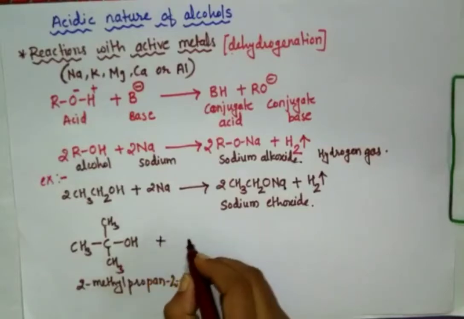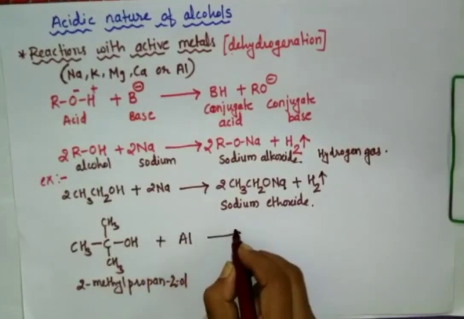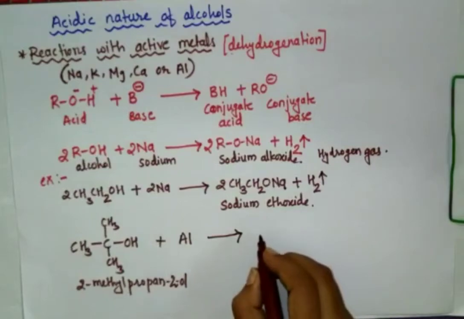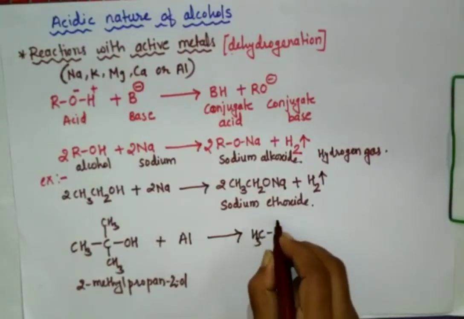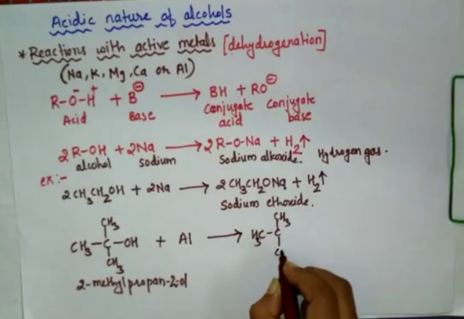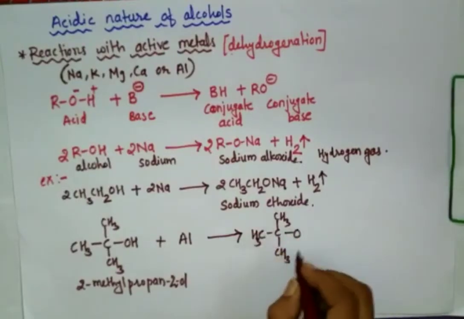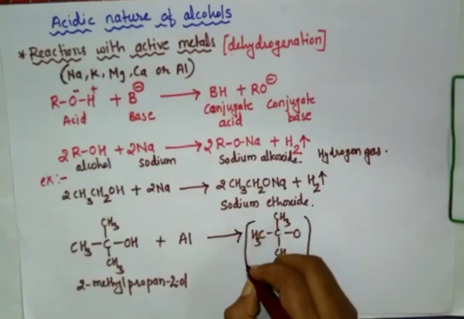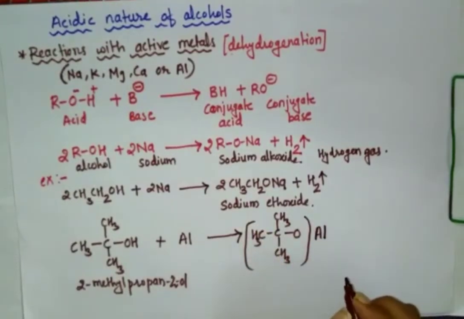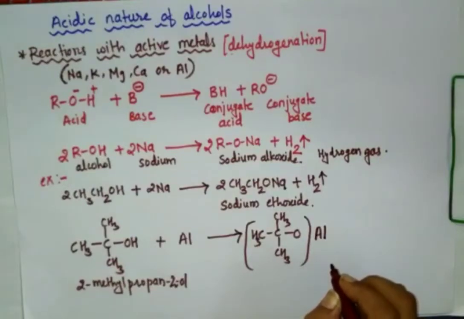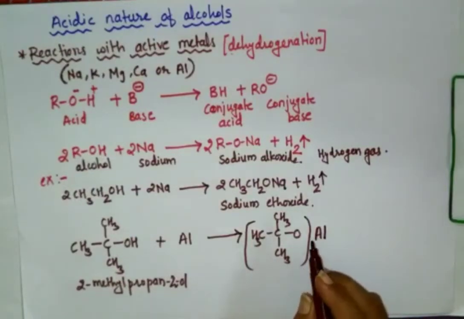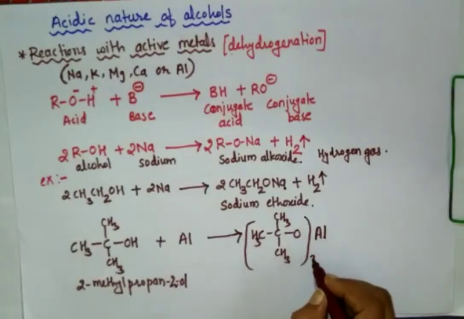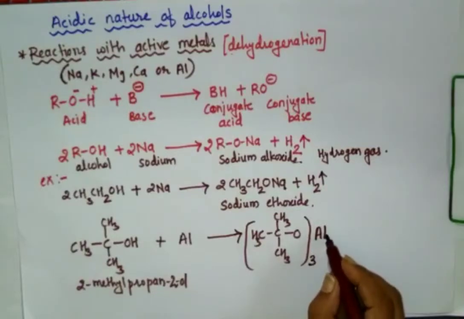And when it reacts with aluminium metal, it will also liberate hydrogen. So there is formation of the alkoxide, and this alkoxide forms with aluminium a compound called aluminium tertiary butanolate. So aluminium will react with 3 alkoxide groups, because aluminium always has a +3 oxidation state.